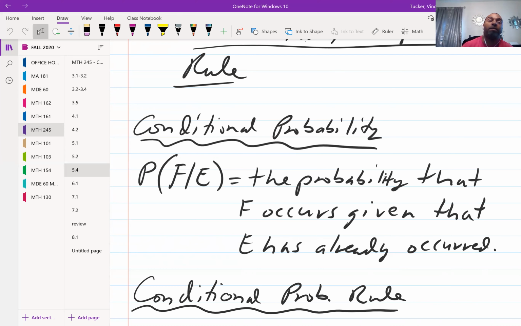F is going to occur given that E has already occurred. So the fact that E has occurred affects the probability that F will occur. Also notice the notation, F comes first, then E. So that means the probability that F will occur given that E has already occurred.